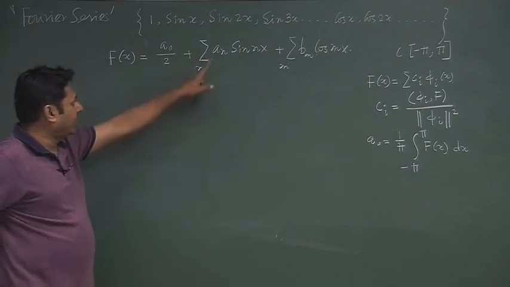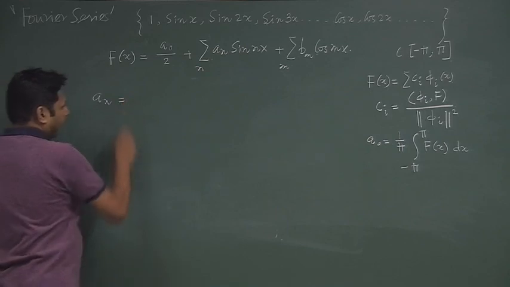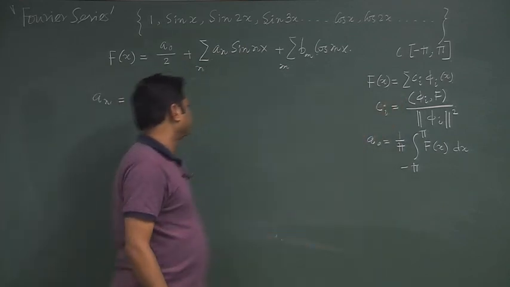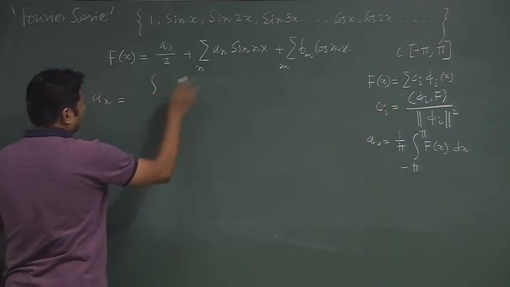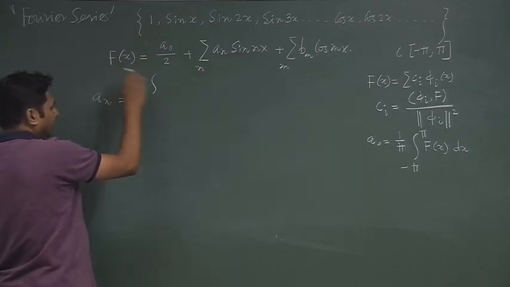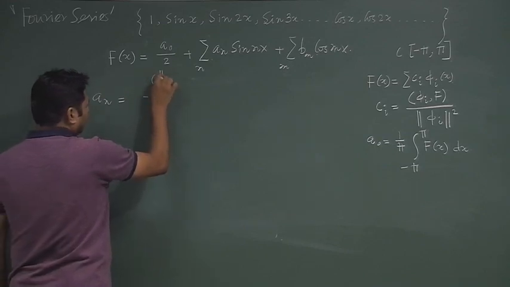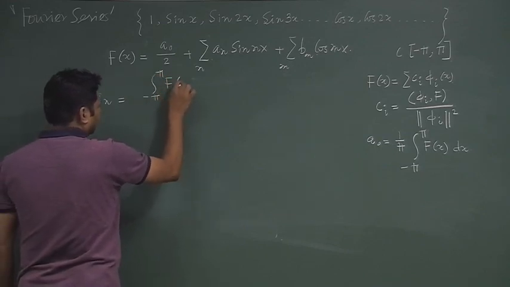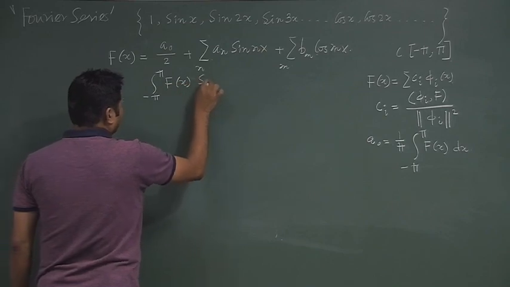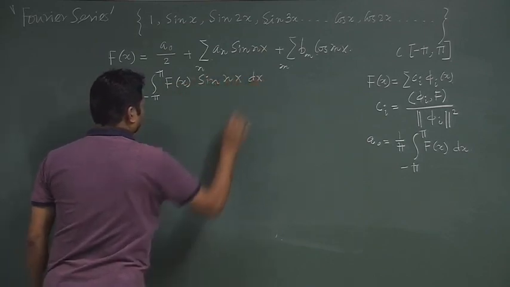Again I want to find out the an coefficient. So an, applying the same thing, the function associated with an will be the inner product of this quantity. So from minus pi to pi, whatever the function I have, I need to multiply it with sin nx dx.